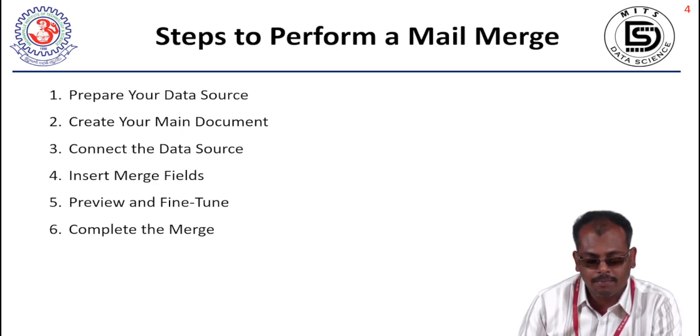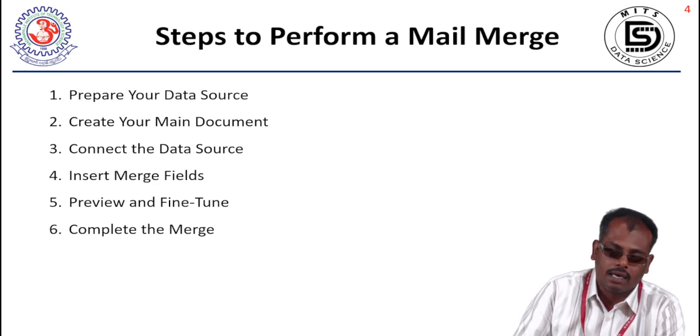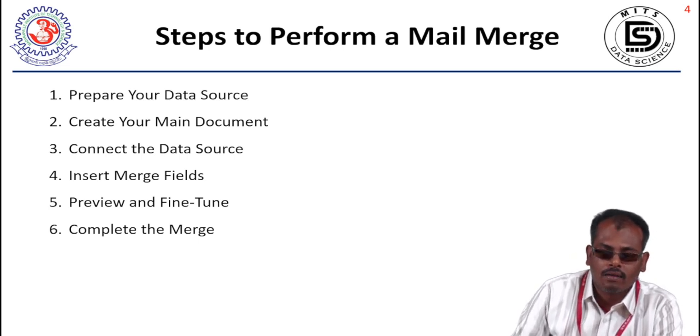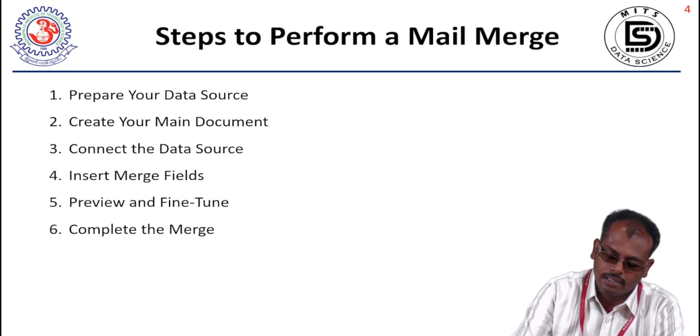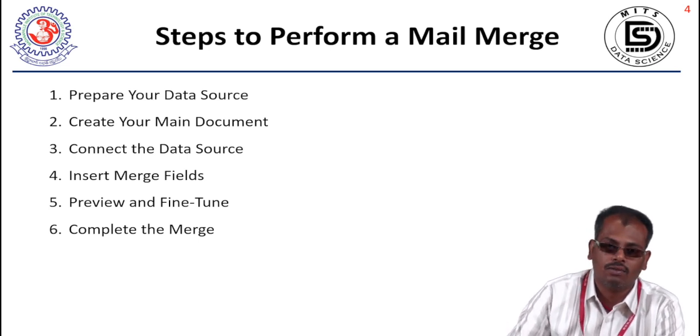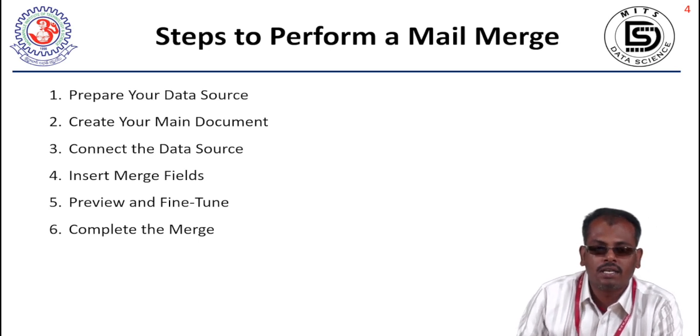Next, the second step is you have to create your main document. That is the template, the content, the letter, whichever is to be sent to the recipients. That content is the same for all, but wherever required, changes are to be done. The main document is an MS Word document wherein our content is there.